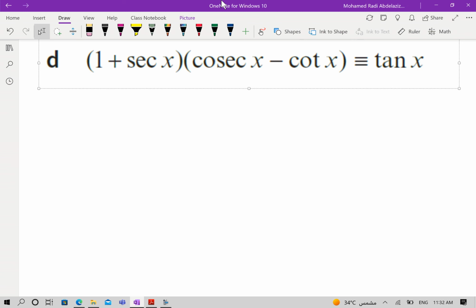Cosec, you can remove it and write 1 over sine. Cotan, you can remove it and write cosine over sine. You have two brackets. Expand, simplify. You will get the right side. Waiting 3 minutes.